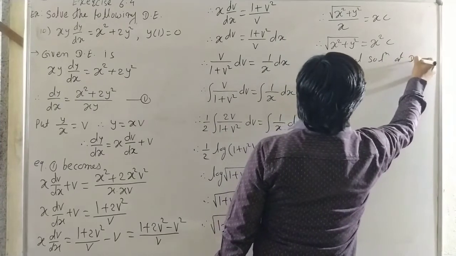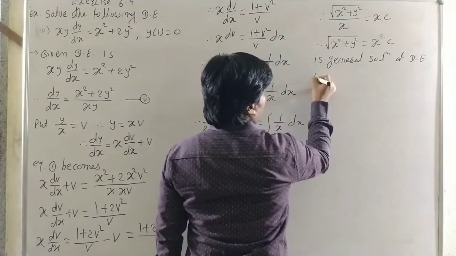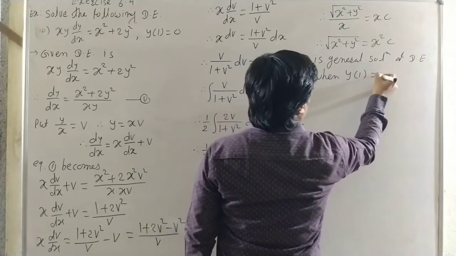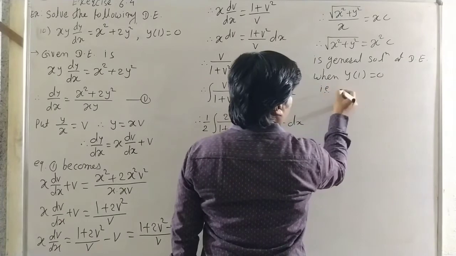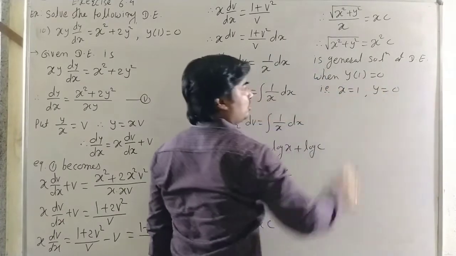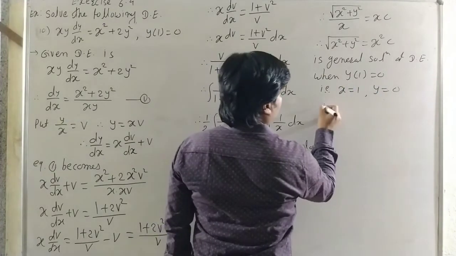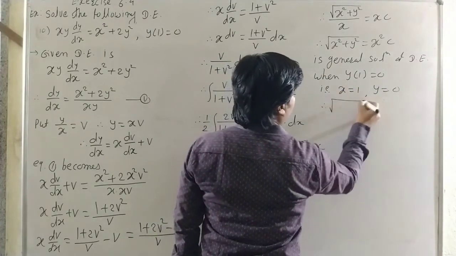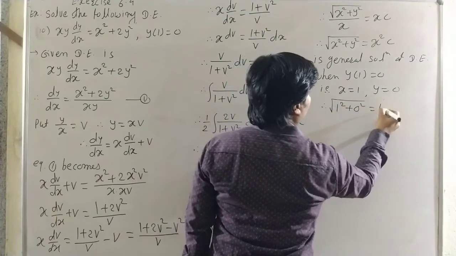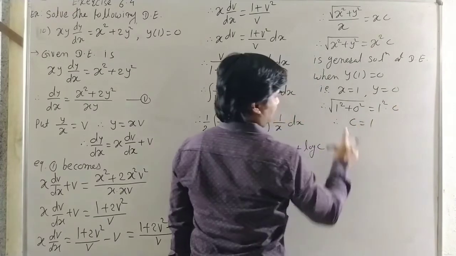But here we want to find the particular solution. Okay, when y of 1 is equal to 0, that is x is equal to 1 and y is equal to 0. Then under root of 1 square plus 0 square is equal to 1 square into c, and therefore c is equal to 1.